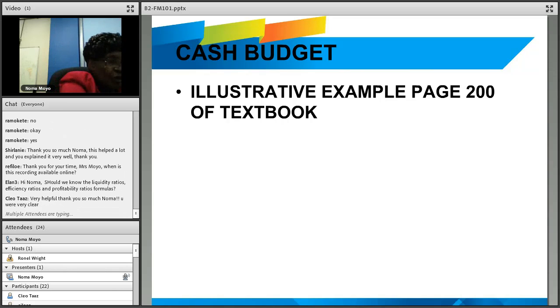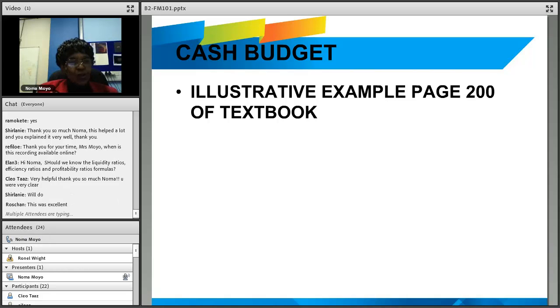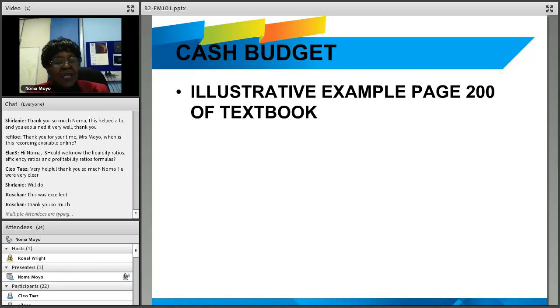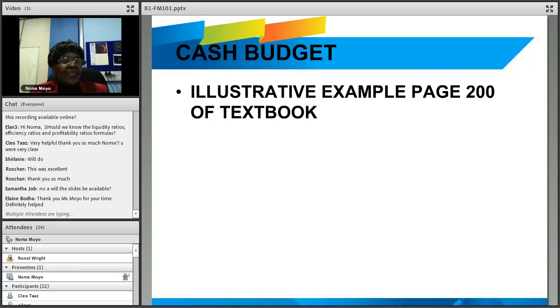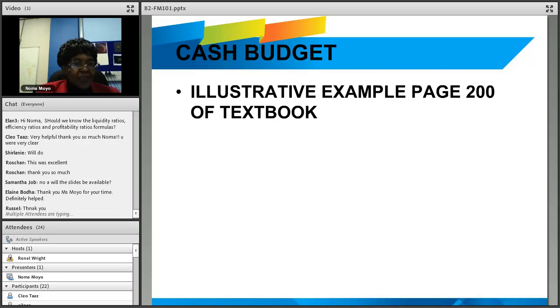Ramokete, please go through that. Note that when you are using weighted average, what we do is we look at how many units there were, how much they were, we add the number of units, we add the total, then we divide and use the average cost.